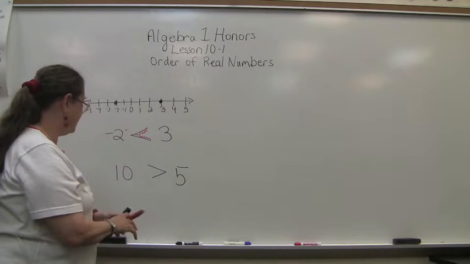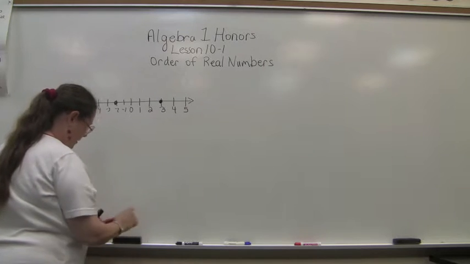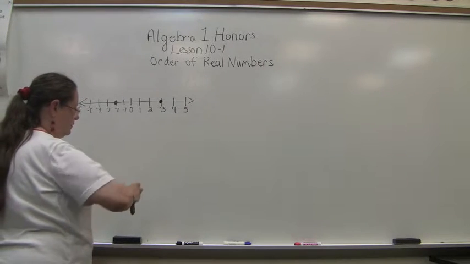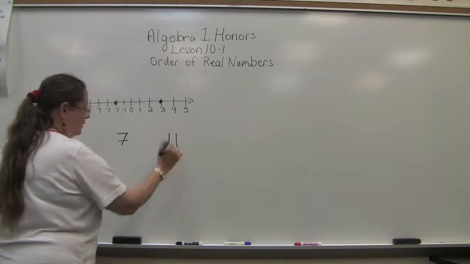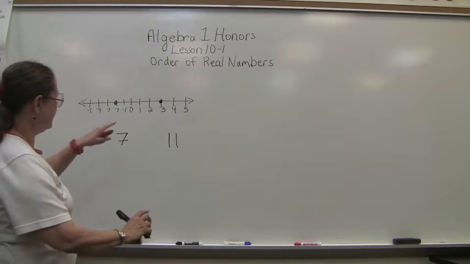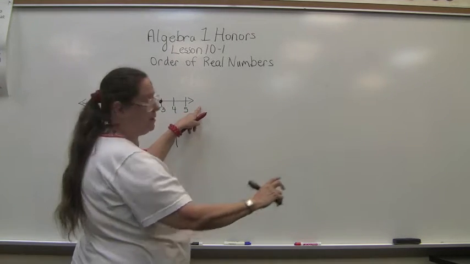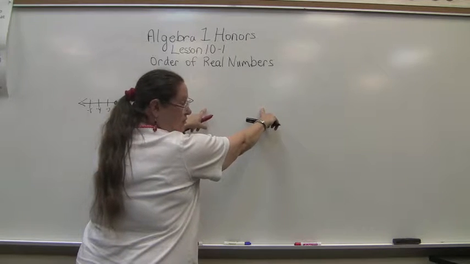So when you have two numbers and you want to compare, let's say, 7 and 11, what sign do I put in between? Well, if I think about it, 7 is going to be about here on my number line, 11's over here. My littler number is the 7.